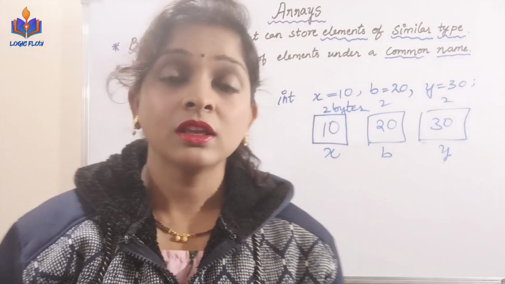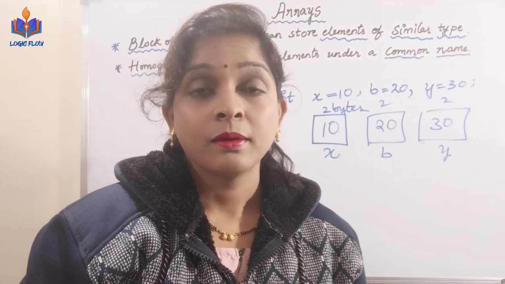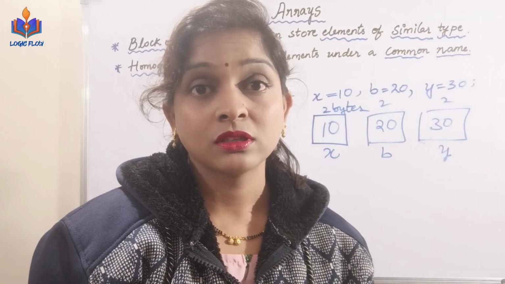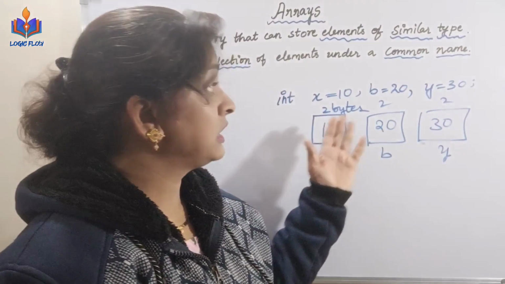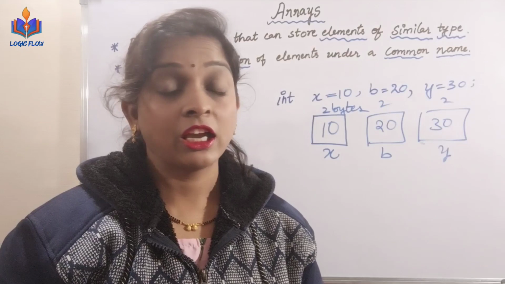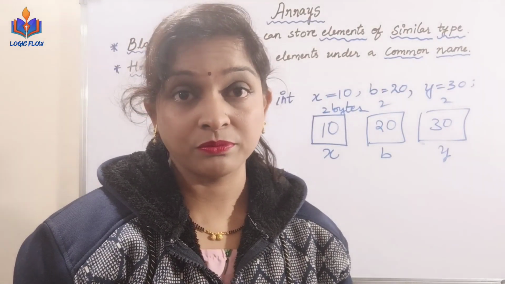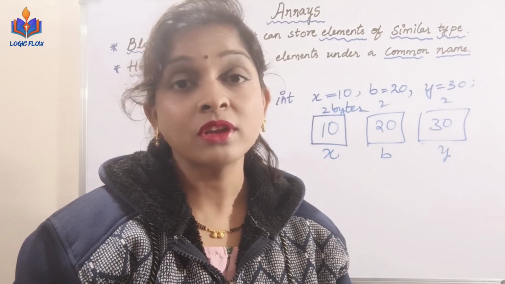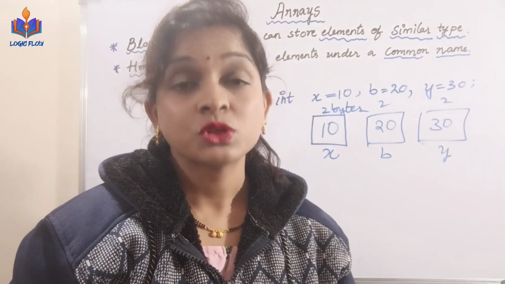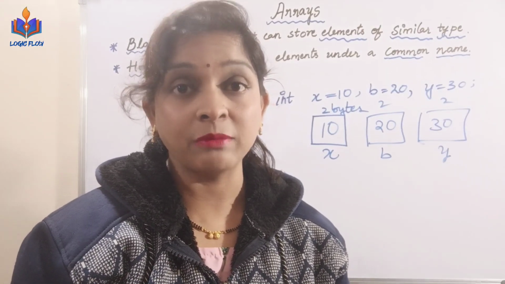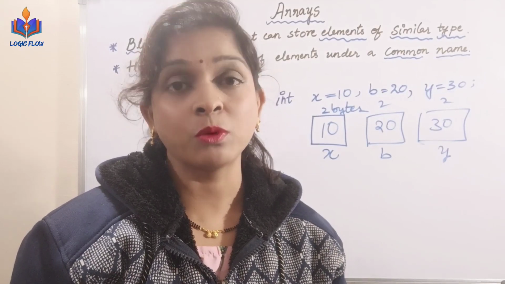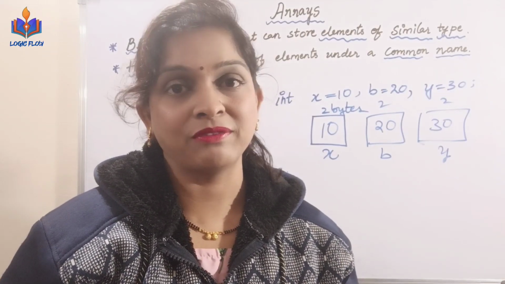But just imagine if I want to store multiple values and I have multiple variables like this, it will be very difficult for me to handle that in the program. So we should have a common name so that it can be used in my program to handle multiple values.